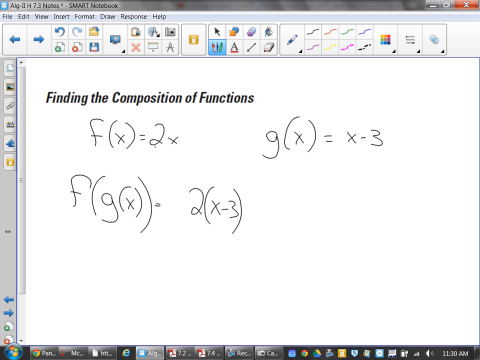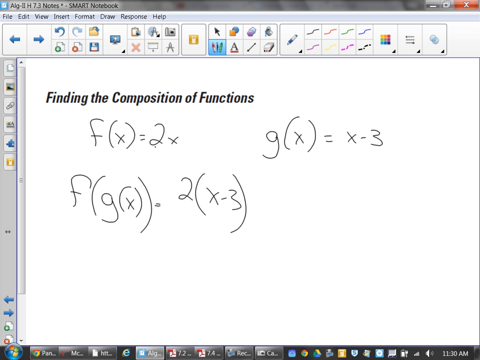The way I word it a little bit differently here sometimes is pretty helpful. G of x, and I'm substituting that in for x. So here's what you do. Take your g of x equation, you write it down, and then you surround it with the f equation.